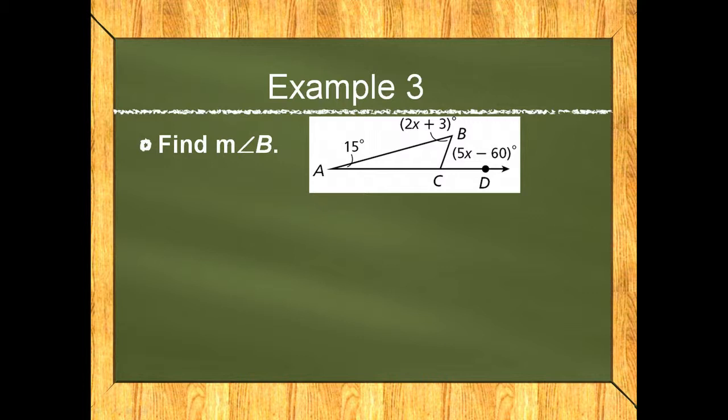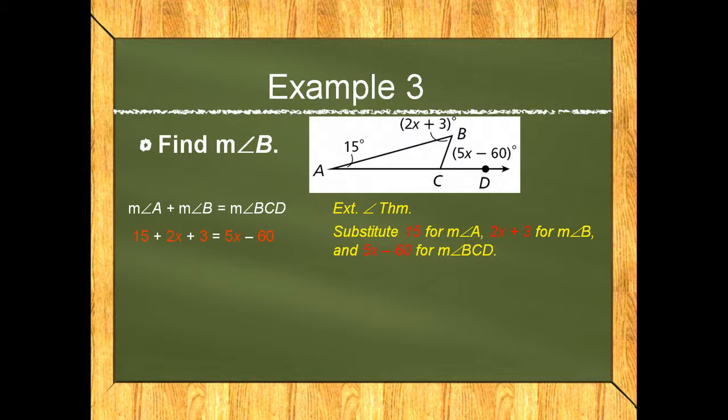For example, if we want to find the measure of angle B, first of all, we know that angle A plus the measure of angle B equals the measure of angle BCD, the exterior angle of the triangle. So we can plug in the values, 15 for measure of angle A, 2x plus 3 for the measure of angle B, and 5x minus 60 for the measure of angle BCD.